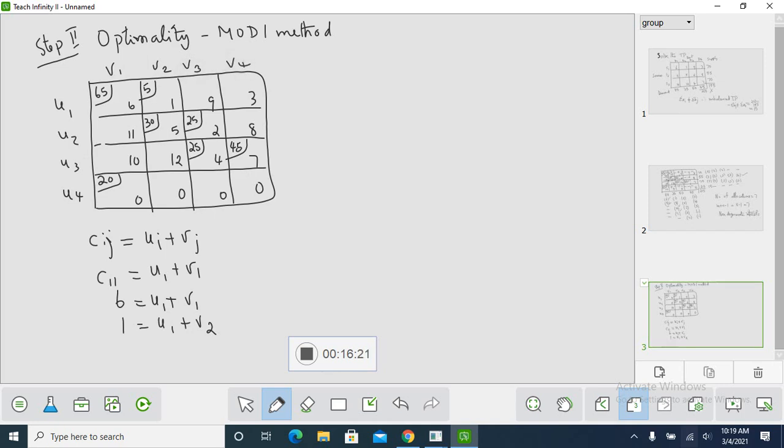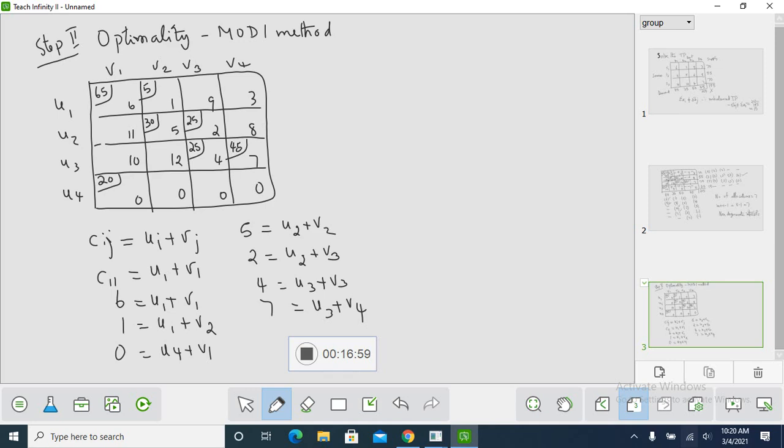So our entries are 6 is U1 plus V1, 1 is U1 plus V2, then 5 is U2 plus V2, 2 is U2 plus V3, then 4 will be U3 plus V3, then 7 will be U3 plus V4, and then I will have 0 equal to U4 plus V1.